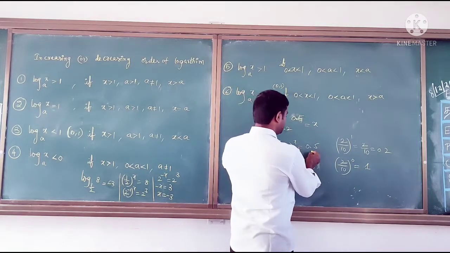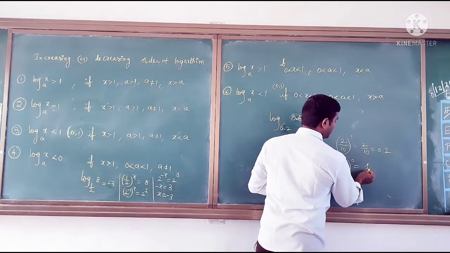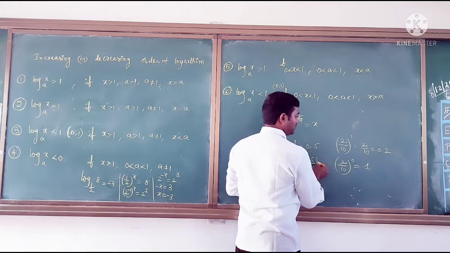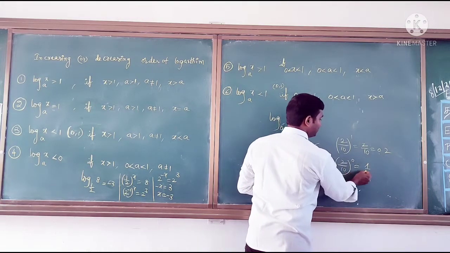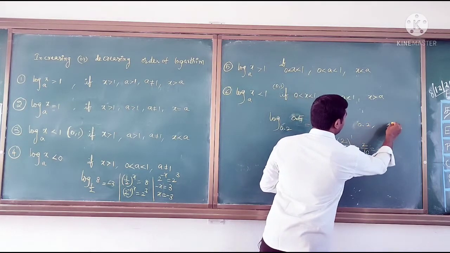So this 0.5 value, 5 by 10, lies between 2 by 10 and 1 only now. This value is 0.2, this value is 1. 0.5 lies between 0.2 and 1 only now.